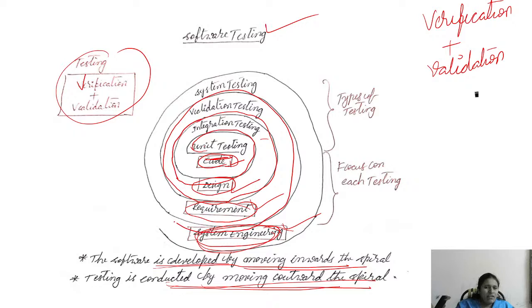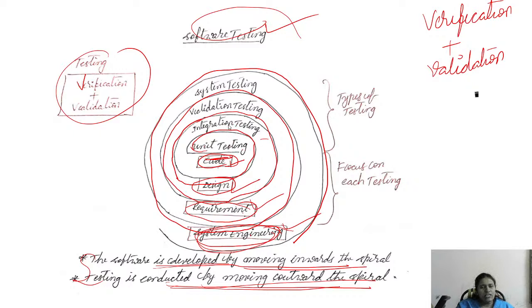Then finally, we will do system testing. Okay, this is all about this diagram, friends. The software is developed by moving inward: system engineering, requirements, design, code. And testing is unit testing, integration testing, validation testing, and system testing.